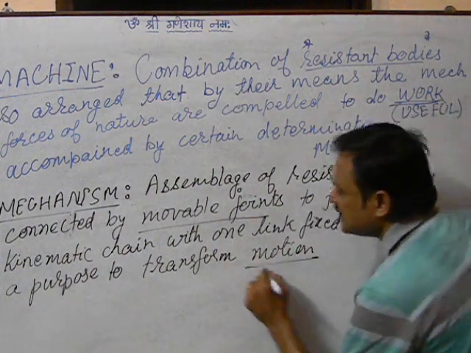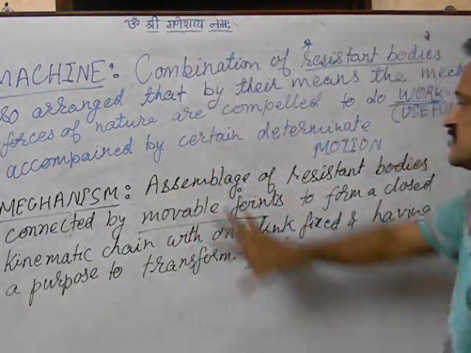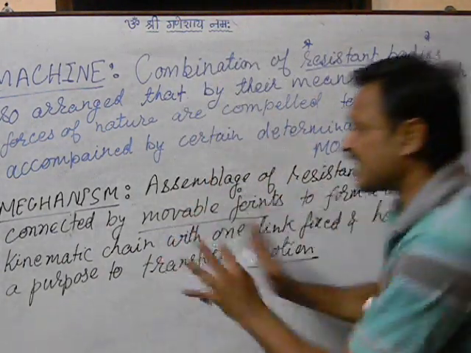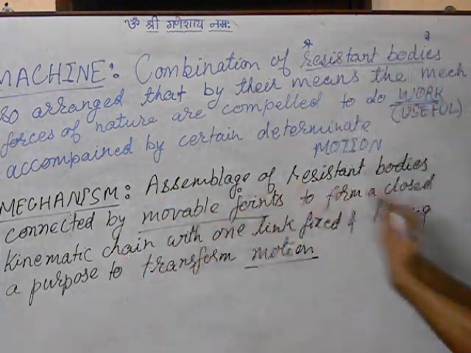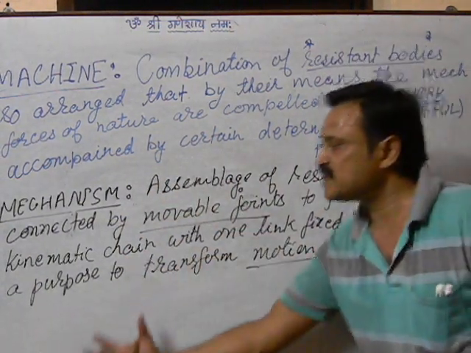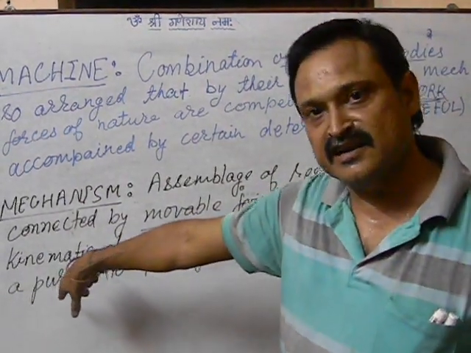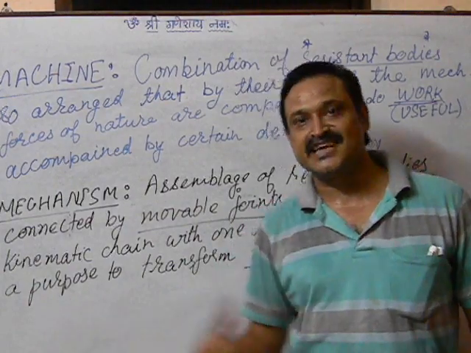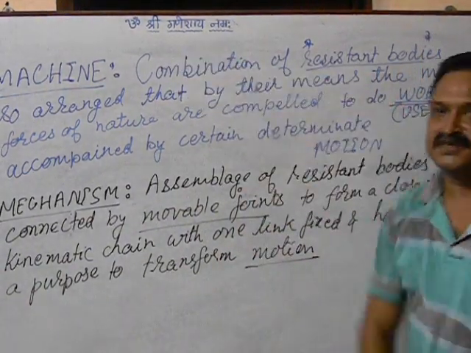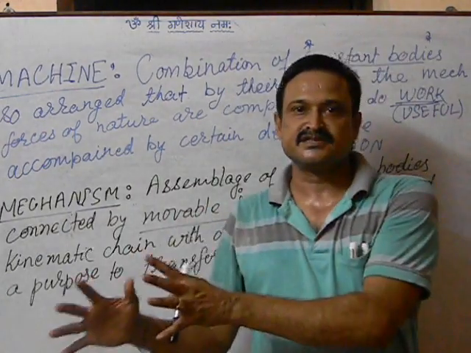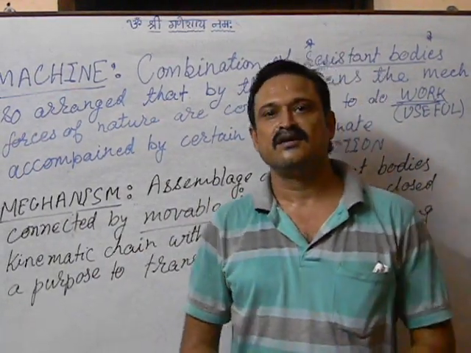So if you see a mechanism, we are talking about only the motion part. Our entire focus is on the input, what is the input motion and what is the output motion. So I am transforming motion. As we have seen in the piston cylinder arrangement, the input motion is linear and the output motion is rotational. And in the case of machines, the input is some force and the output is work done. So that's all for this session.